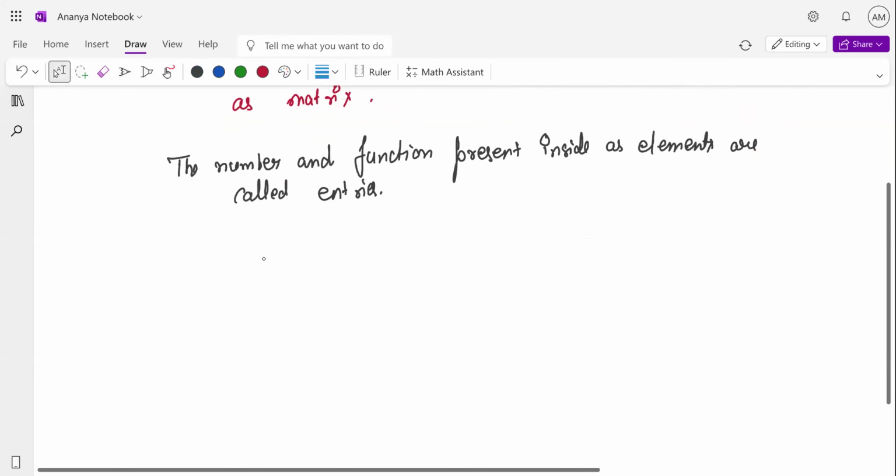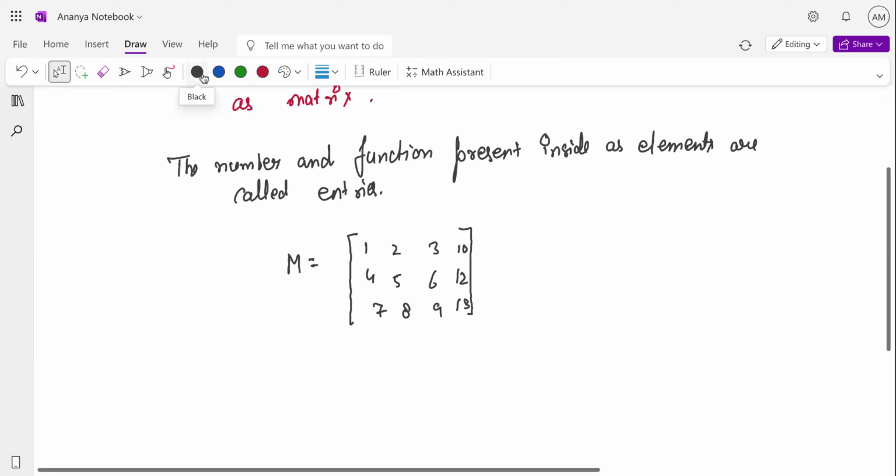Just a simple example we can take of how we represent the matrix. Let's say I'm calling this matrix M. A bracket, and put whatever you want inside. For example, 1, 2, 3, 4, 5, 6, 7, 8, 9. I have given us 3. Let's add one more: 10, 11, and 12.